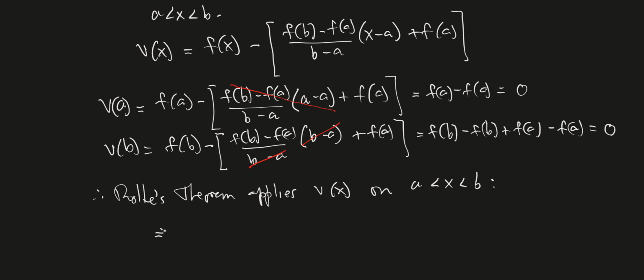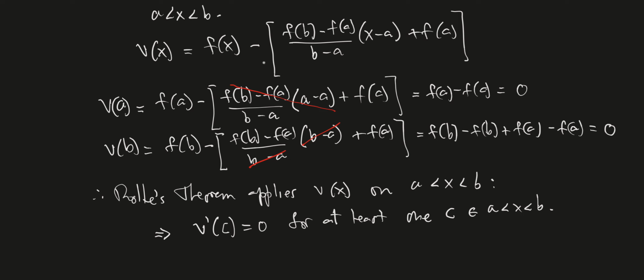So this implies v prime of c must be equal to 0 for at least one c that's inside this interval, right?